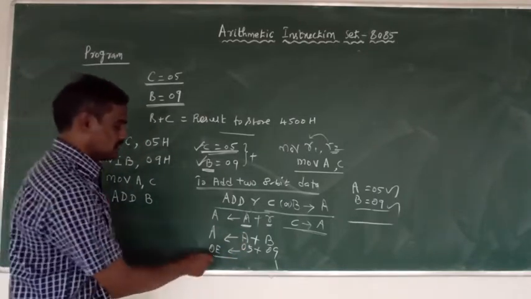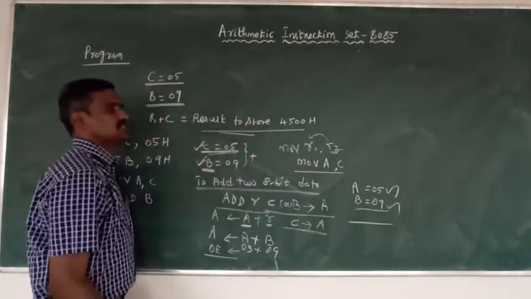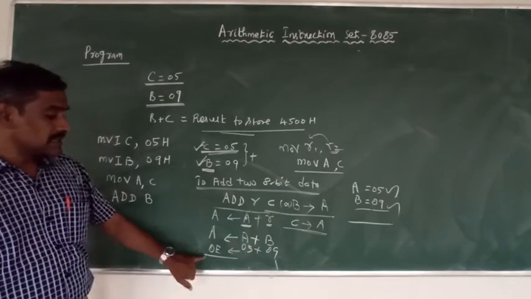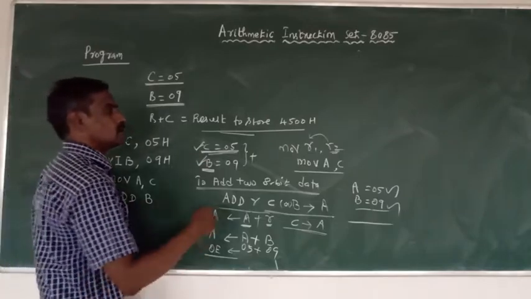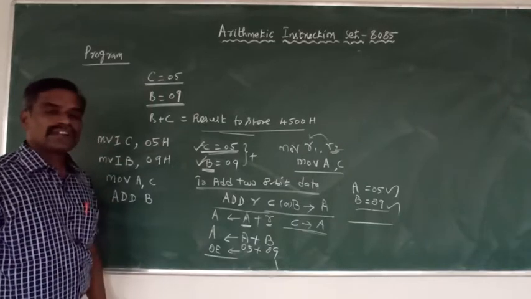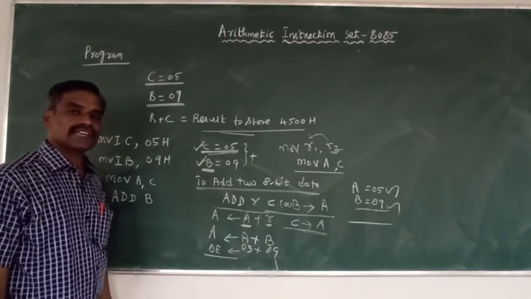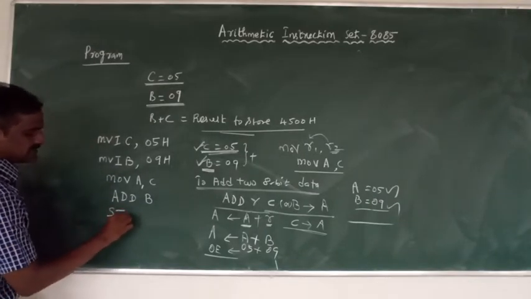Now the 0E result is to be stored at 4500 address. The result is available in the accumulator, which is 8-bit data. What is the instruction to store 8-bit data? The instruction is STA.